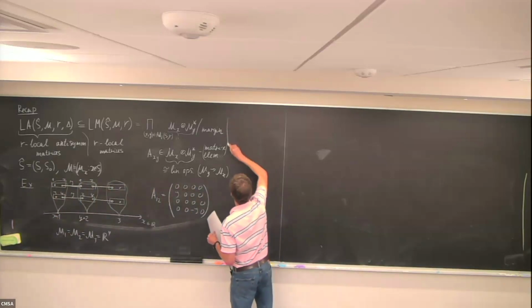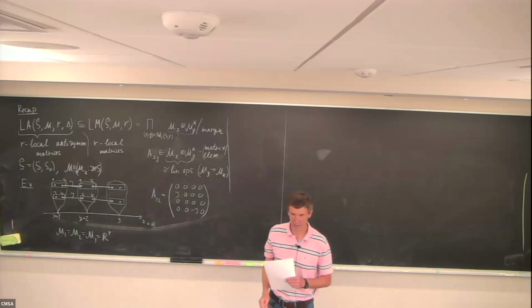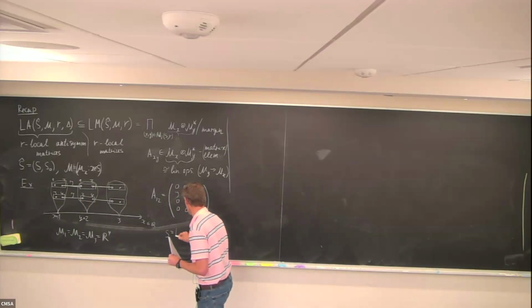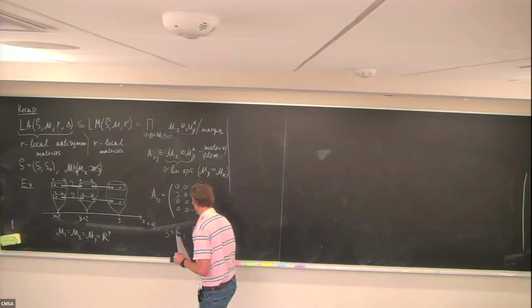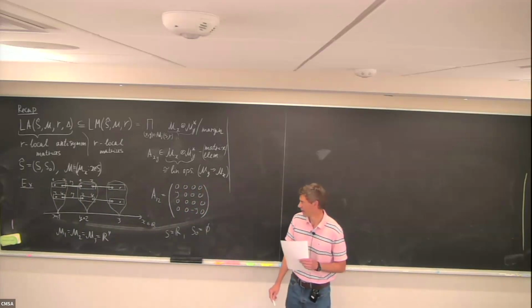Let me explain why this definition works. In this case, the space S is just R, and S naught is the empty set. And it's 4-dimensional.